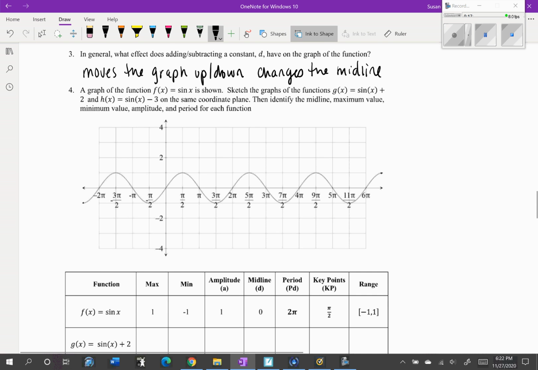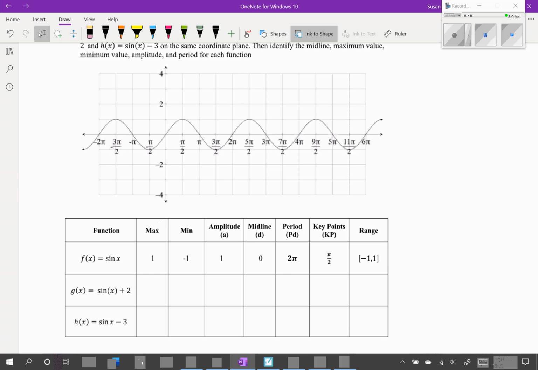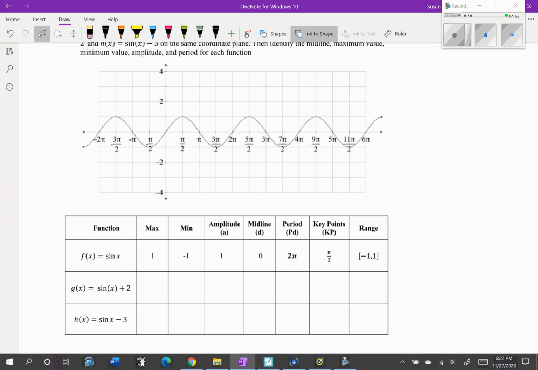So if we look at these 3 different graphs here, we have on our graph already the parent graph for the sine of x. We're going to look at the sine of x plus 2 and the sine of x minus 3. So now if this is the sine of x, if we move the midline to plus 2, we know that plus 2 tells us our midline, so that means it's going to be up at 2 instead.